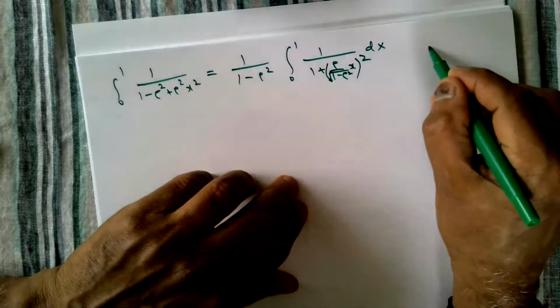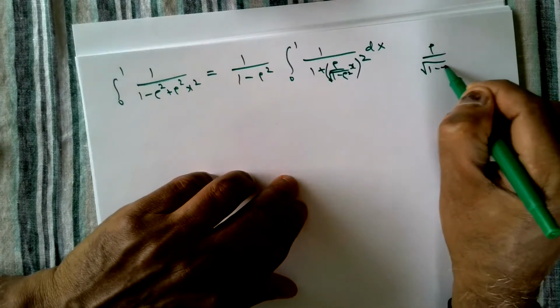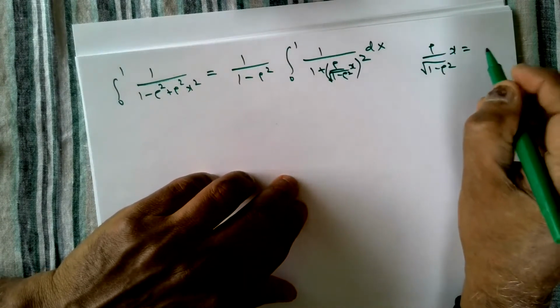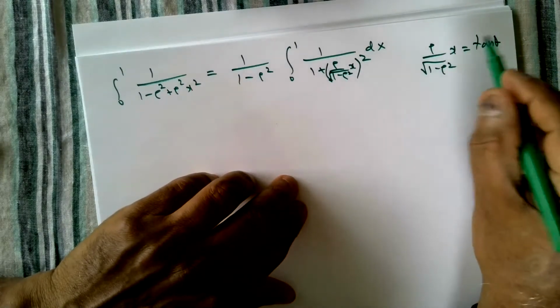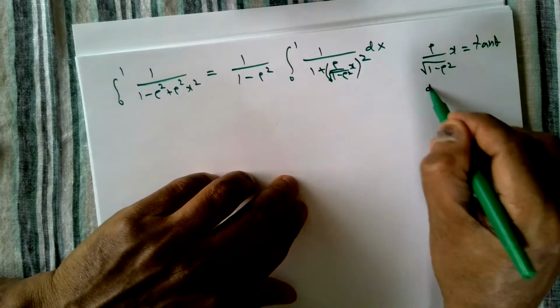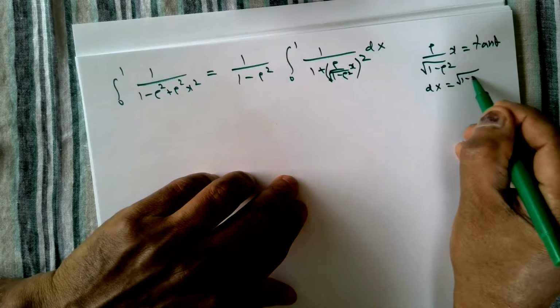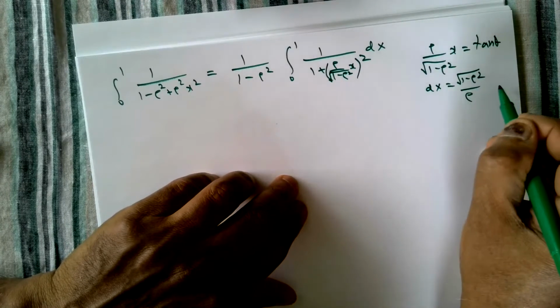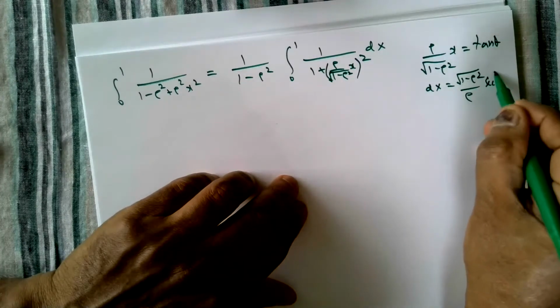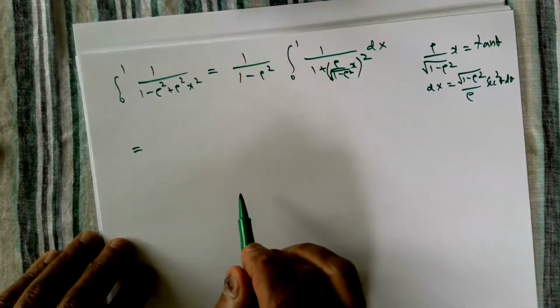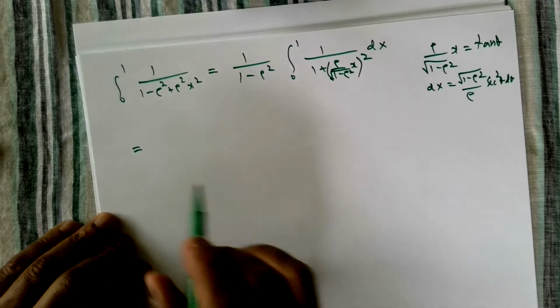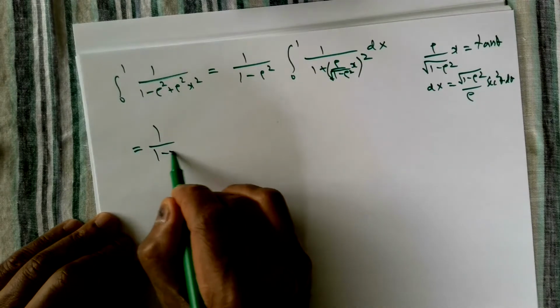So let me substitute rho over the square root of 1 minus rho squared times x to be tan theta. So dx would be the square root of 1 minus rho squared over rho, sec squared theta d theta. So this now reads 1 over 1 minus rho squared.